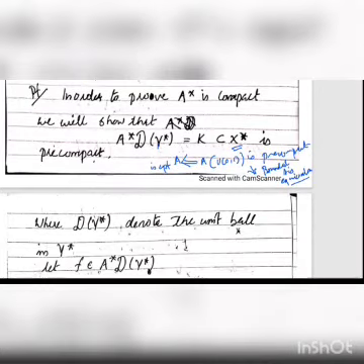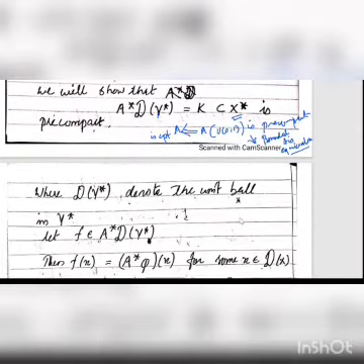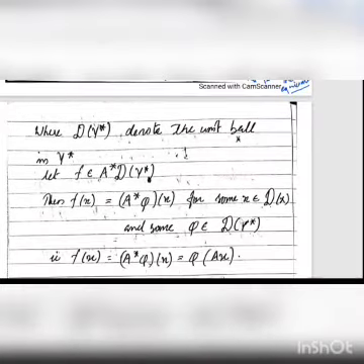Now D of y star denotes the unit ball in y star. So let f belong to A star of D of y star. Then f of x is equal to A star phi of x for some x belonging to D of x and some phi belonging to D of y star.